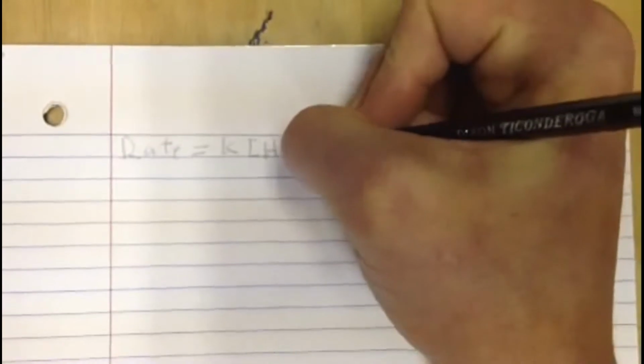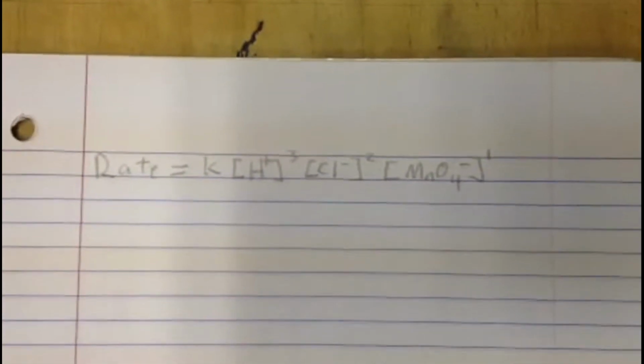So we have rate equals K concentration of H plus, which is third order, concentration of Cl minus, which is second order, and concentration of MnO4 minus, first order. So you can see, unfortunately, this isn't like equilibrium. You don't use the coefficients of the reactions as your exponents. You actually have to do the math to do it.